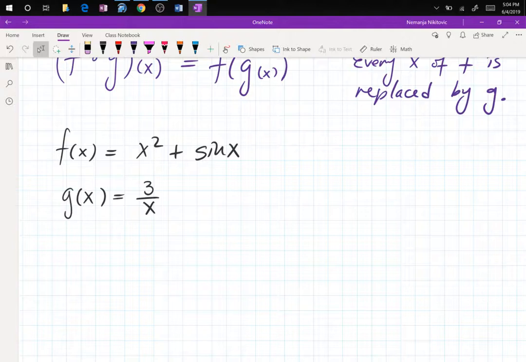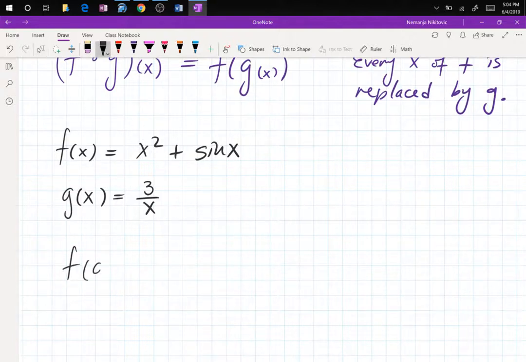Now, the interesting thing is to also consider and look at the domain of each of these and then the domain of the composition of these two together.